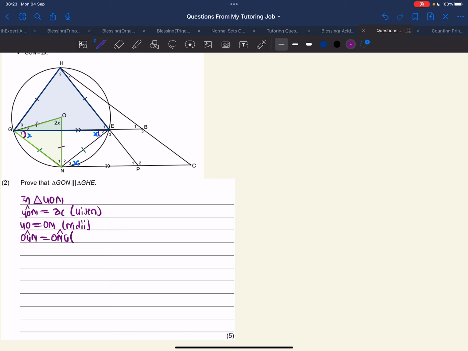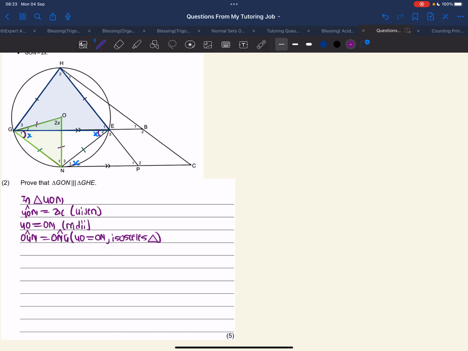And the reason for that is GO equals ON, isosceles triangle.